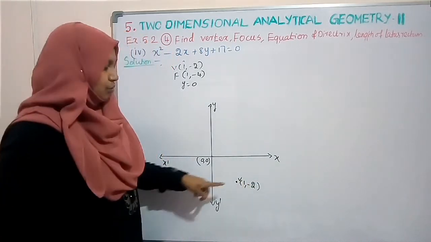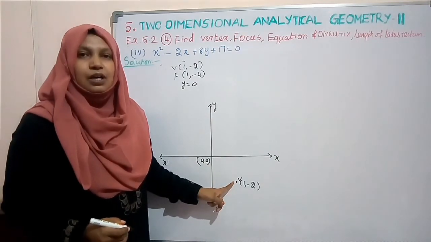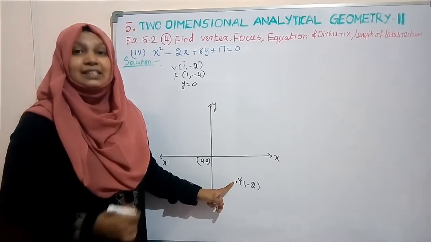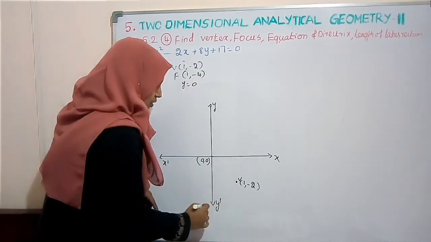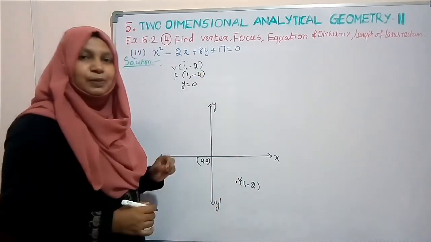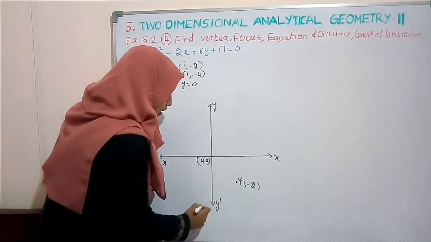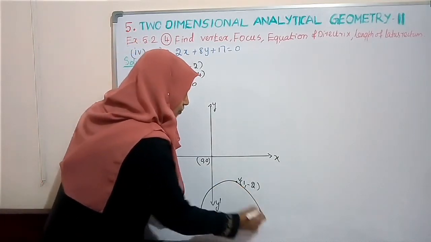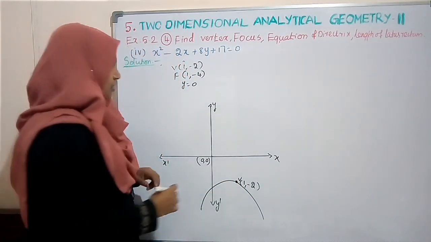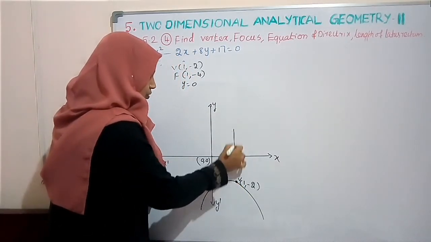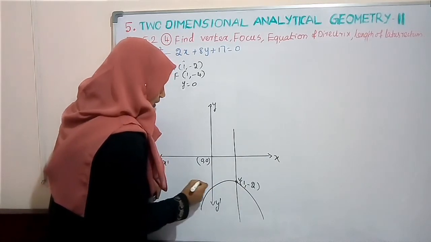Okay. And through this vertex, just draw a parabola open downwards. Okay. First you mark this vertex and through this vertex the parabola is open downwards. So through this point just draw a parabola which is open downwards. Okay. And through this point you can also draw the two axes once again.